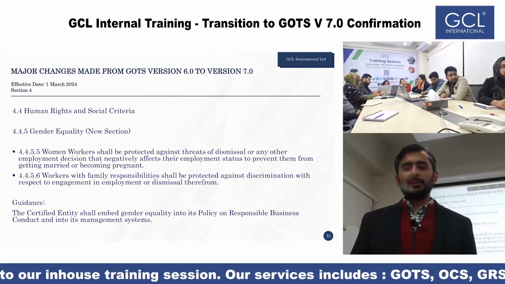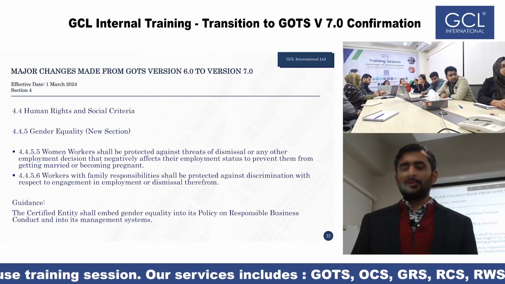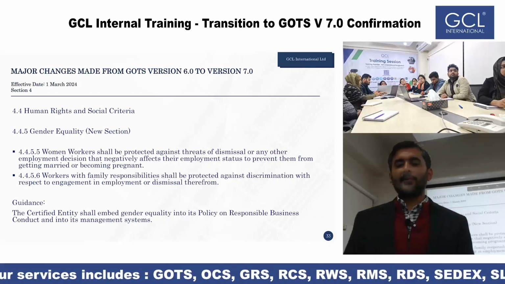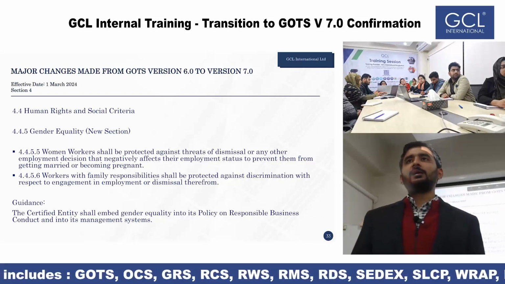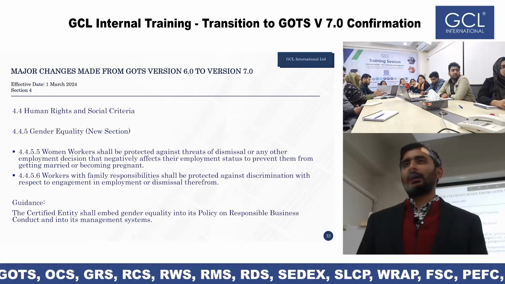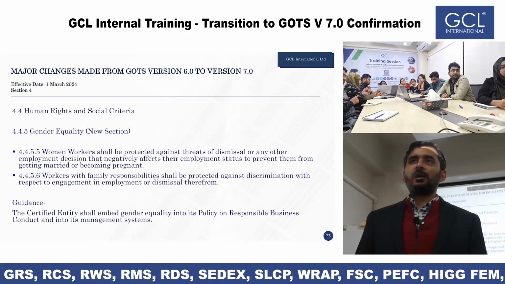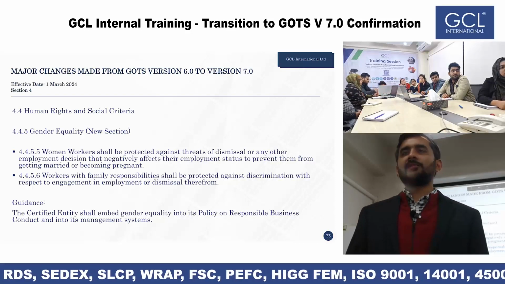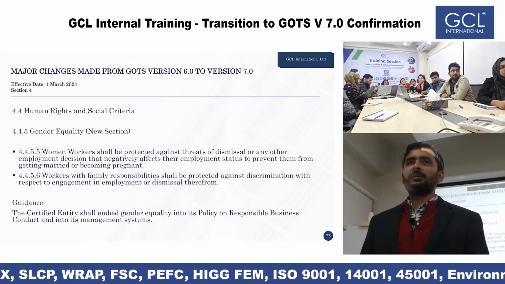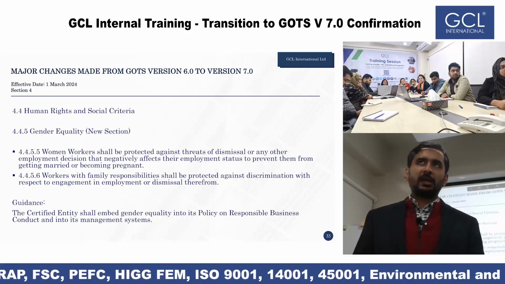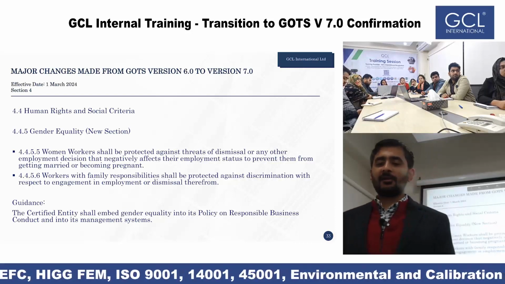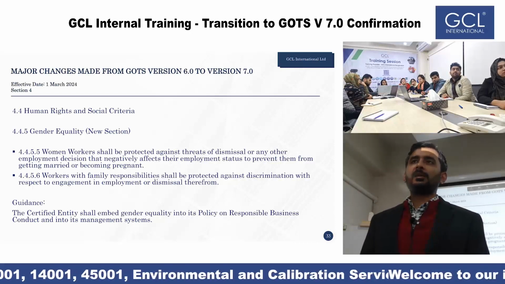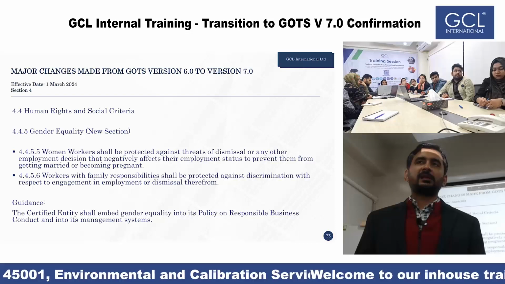So in gender equality, there are some other criteria also added in GOTS version 7.0. If there is a female worker working in a facility, she shall be protected from any kind of harassment or forced action. For example, she shall not have any threat of dismissal because of her status or her gender.